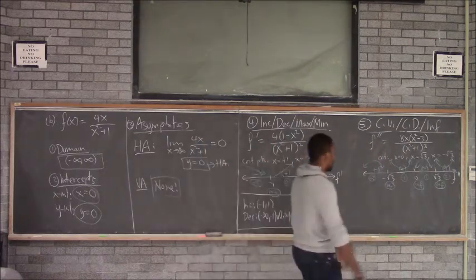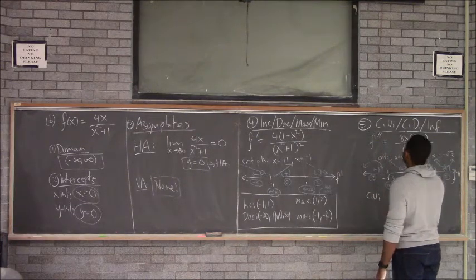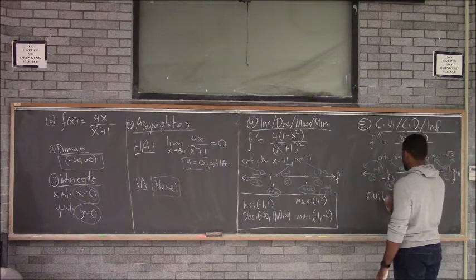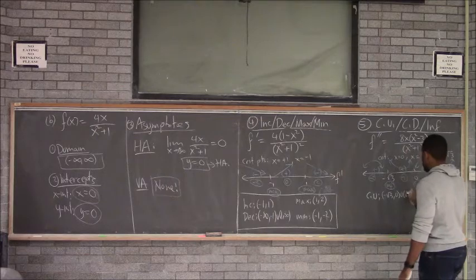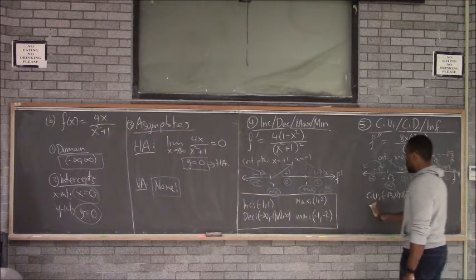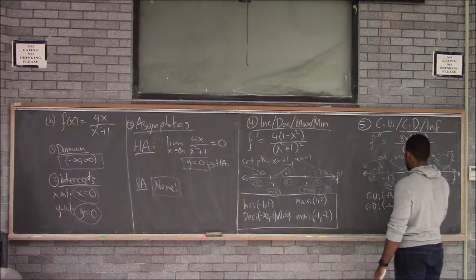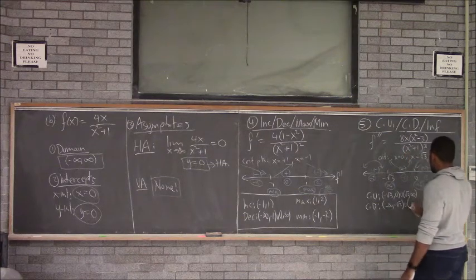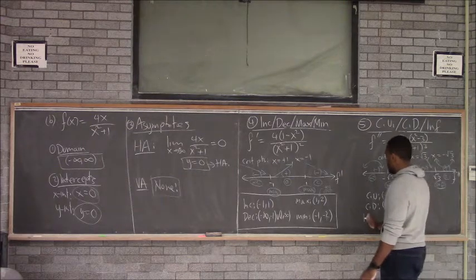So they are inflections. So now, I can write that down. Concave up, from negative radical 3 to 0, union radical 3 to infinity. Concave down, negative infinity to negative radical 3, union 0 to radical 3.